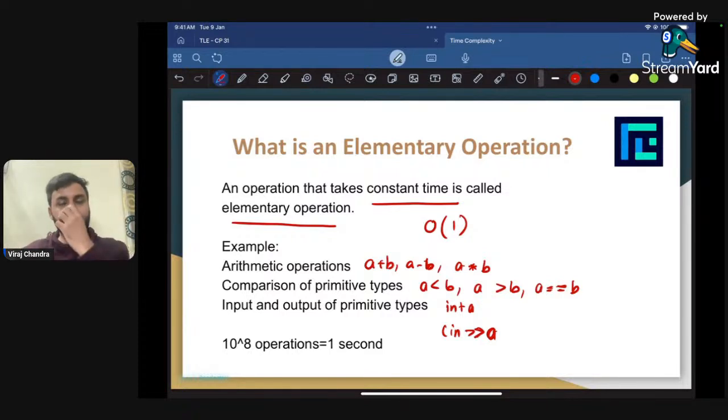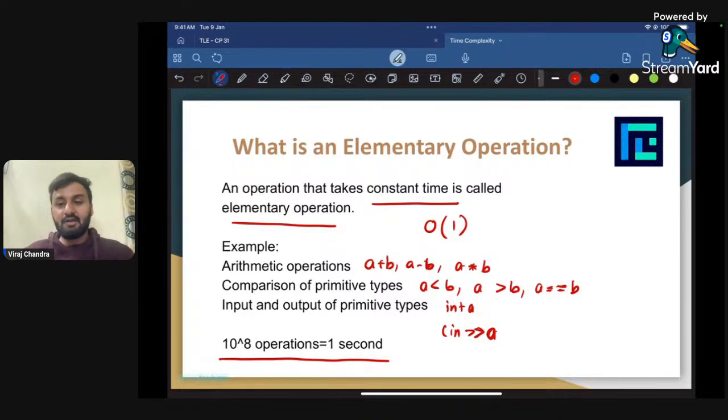Specifically with regards to Codeforces, CodeChef, and online judge platform servers, what sort of operations do they maintain? 10 power 8 operations is taken as 1 second. That means if you perform 10 power 8 elementary operations, you will require 1 second to run your code. Okay. Now 1 second is very, very quick, I know that part, but the point is we sometimes try to create solutions that are even faster than 1 second.